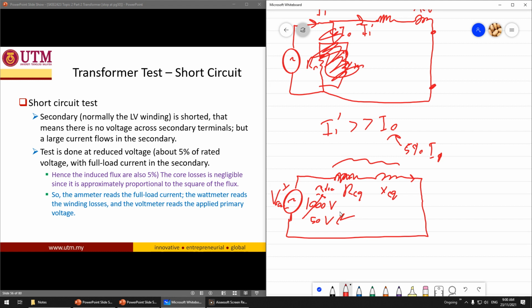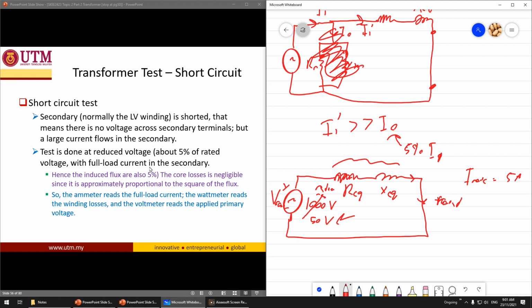Usually it is with the full rated current. We want to make sure the current here is the rated current. For example, if this transformer should output I rated equals 5 ampere, usually we target the output of this transformer to be 5 ampere also.